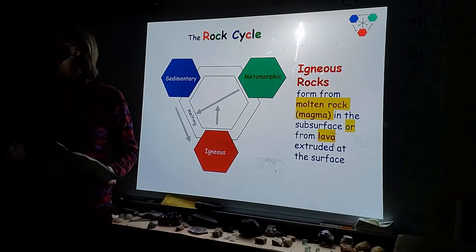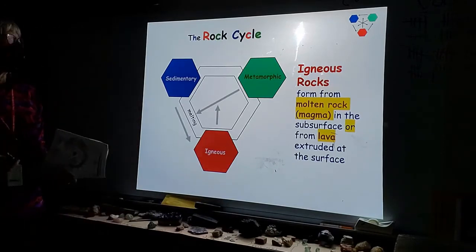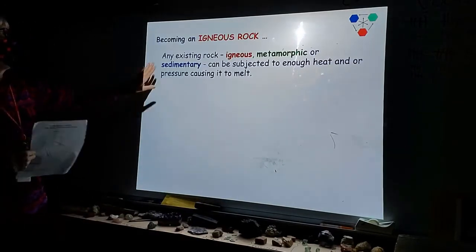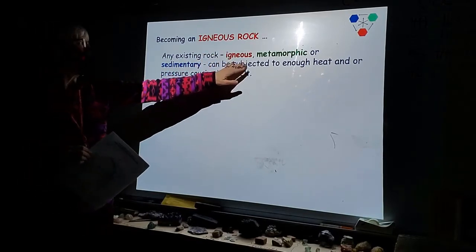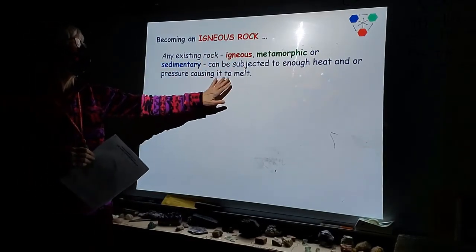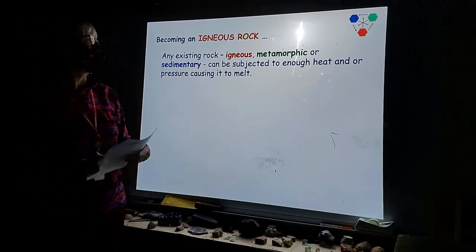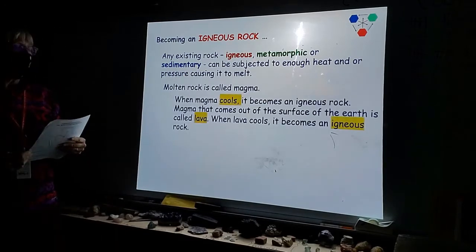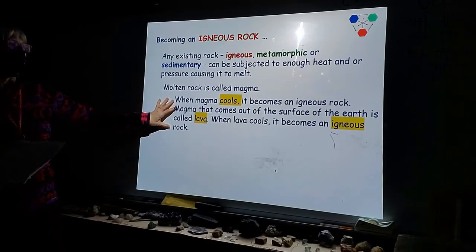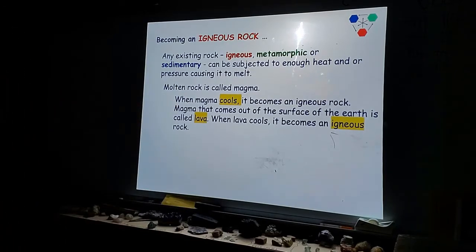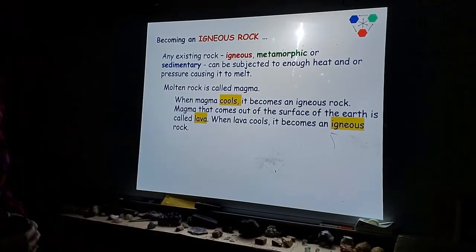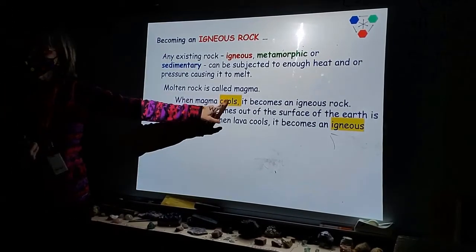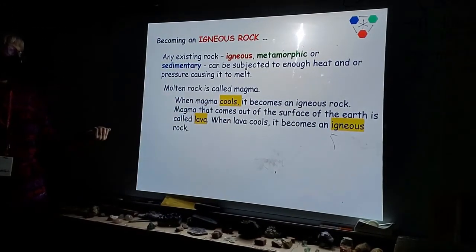Does it happen very fast? No. It takes a while. So any existing rock, igneous, metamorphic, or sedimentary, can be subjected to enough heat or pressure causing it to melt. Molten rock is called magma. Hang on. And here we go. Fill out the rest of the box. Fill in the words, please, as you see them. So, as it says here, when magma cools, you write that, it becomes an igneous rock.